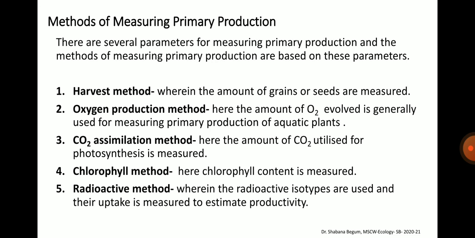Carbon dioxide assimilation method, where the amount of carbon dioxide utilized for photosynthesis is measured. The chlorophyll method, where the chlorophyll content is measured, and the radioactive method, wherein radioactive isotopes are used and their uptake is measured to estimate productivity.